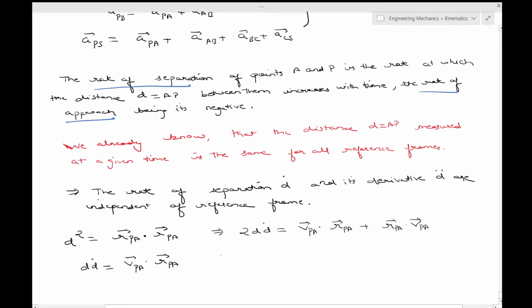This implies that d dot is equal to VPA dot EPA. So clearly we have written that EPA is equal to RPA by D.